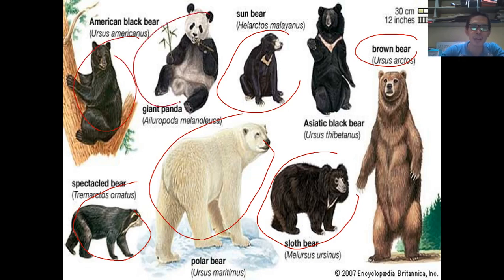The giant panda mostly eats bamboo and other plant life. So these bears were able to adapt to their new surroundings and create new species in the long run. This is a process called speciation.